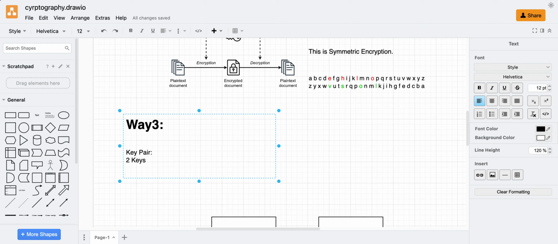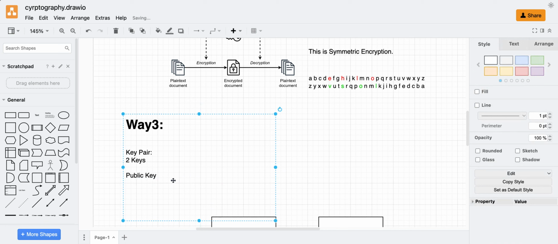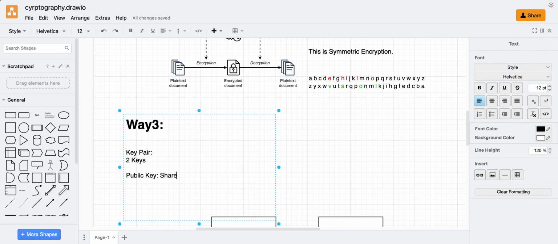We are going to share one key which is always accessible by all the users over the network. So we will call it the public key. This public key is shared across the network. The other key is going to be private, and it will only be accessible by the owner of that key pair.